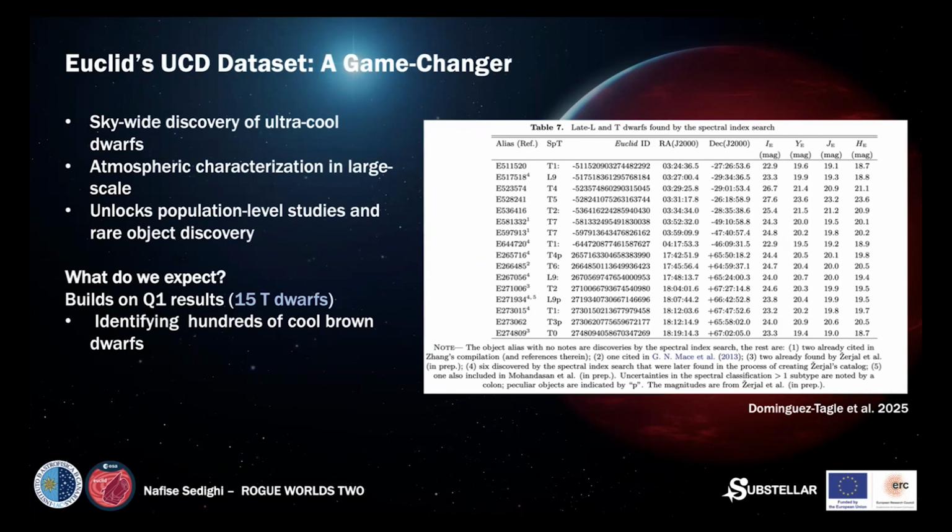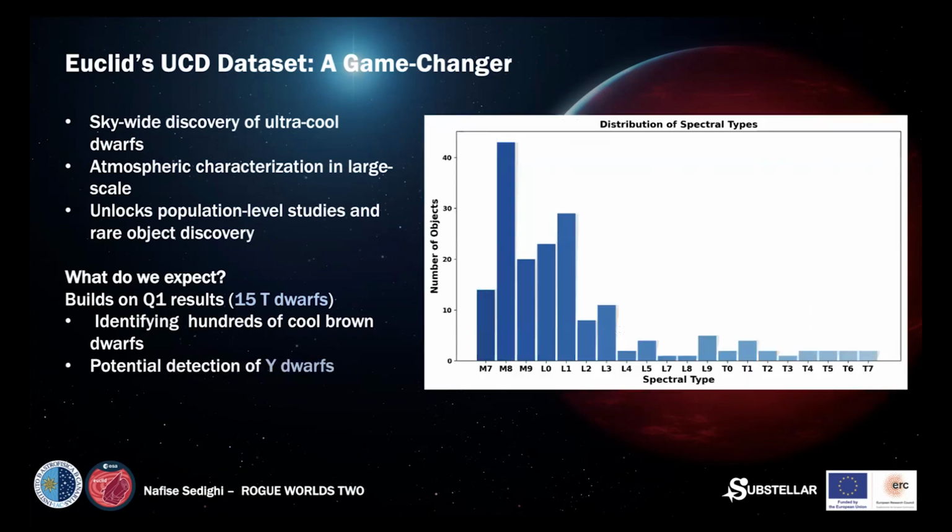So the sample that I used is all the objects that Carlos Dominguez, another member in our group, identified by spectroscopy. And we have at least 15 T dwarfs and all the types from M6 to T. And I use those spectra and compare them with the models.